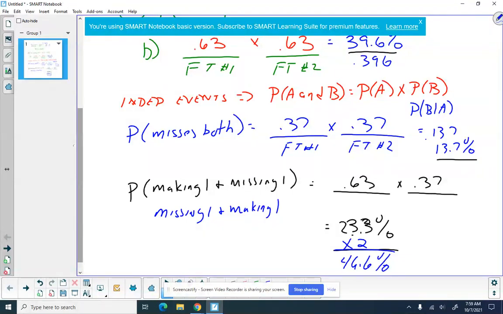Now if I add all of those up, I should get 100%. We did not consider the entire sample space. We had to take into consideration missing the first one and making the second one.